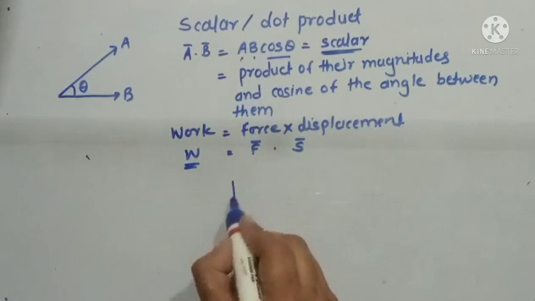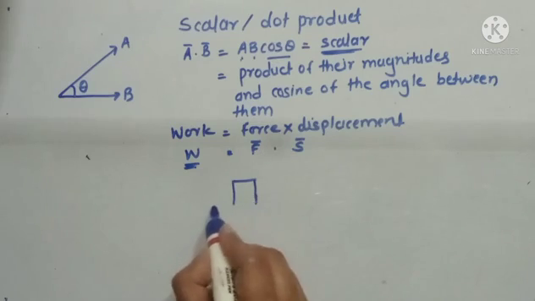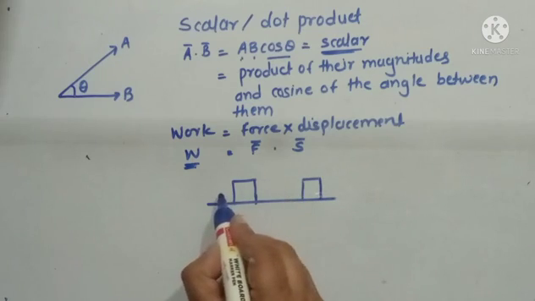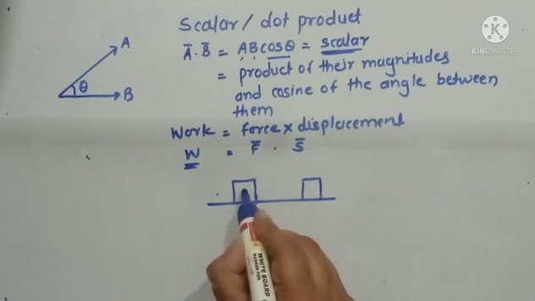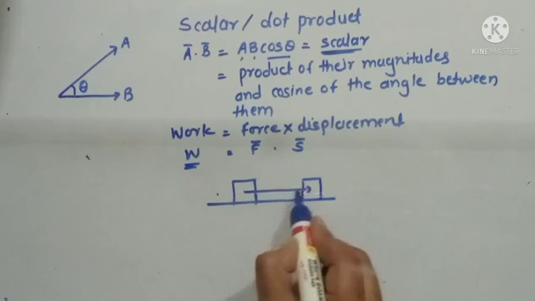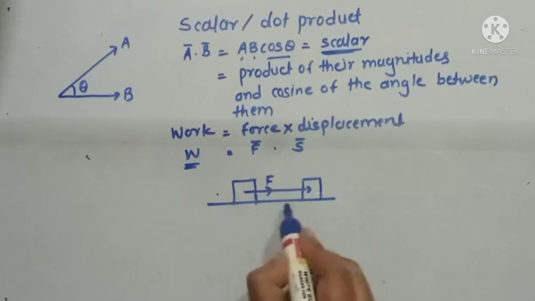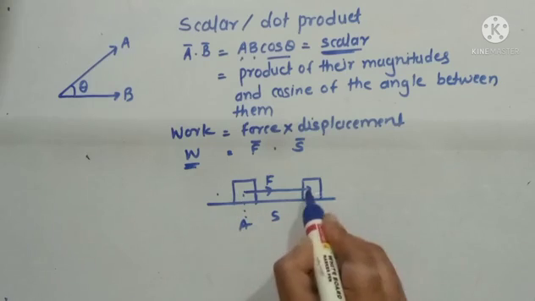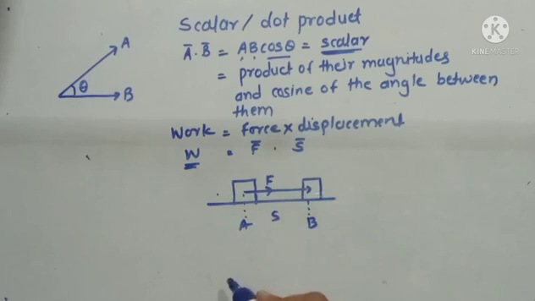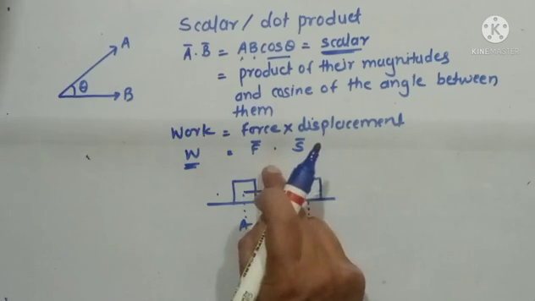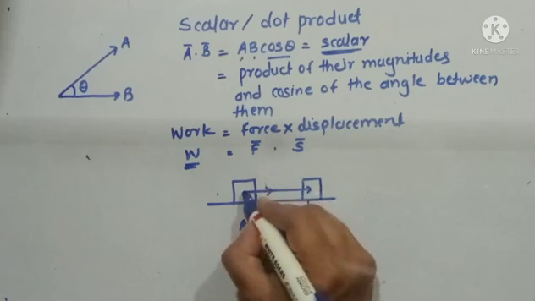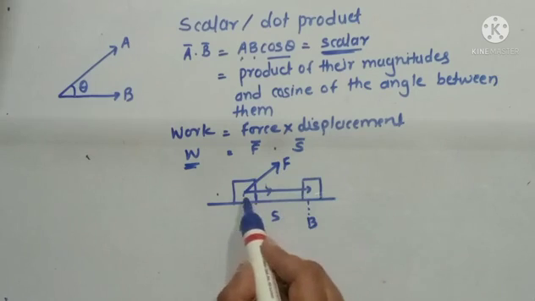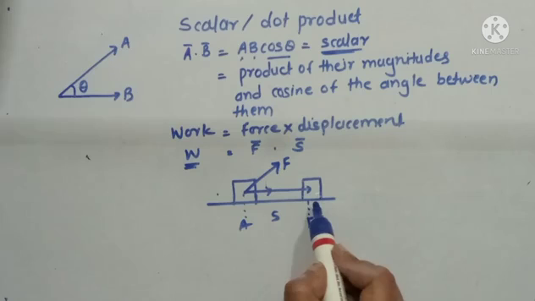For example, I have taken some block, and if I apply some force on it, there will be some displacement from point A to point B. Suppose this force is not in the same direction: I apply the force in this direction and the displacement is on this side.